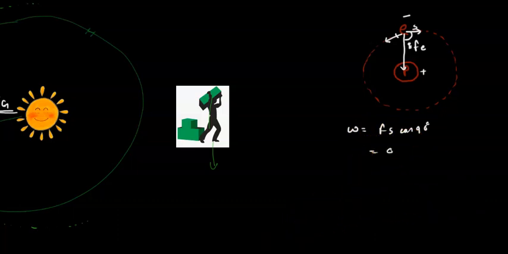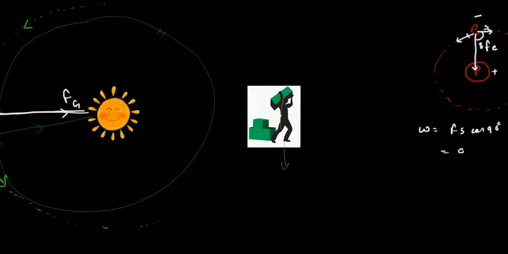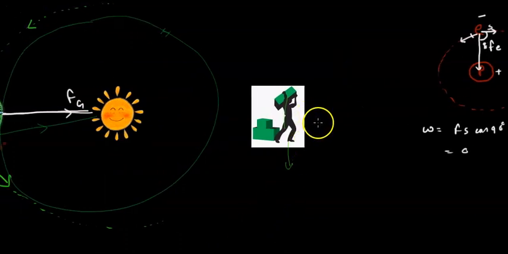Now you see another example, which a lot of teachers tell and you will find in your book as well: the work done by a coolie, and it comes out that the coolie is not doing any work. So let's take the example of how the coolie is not doing work. With the help of physics, we will understand this.